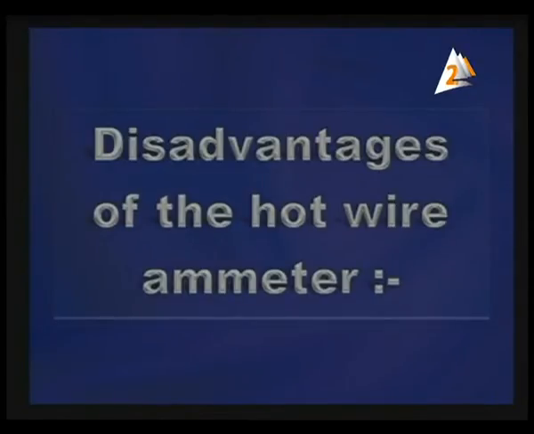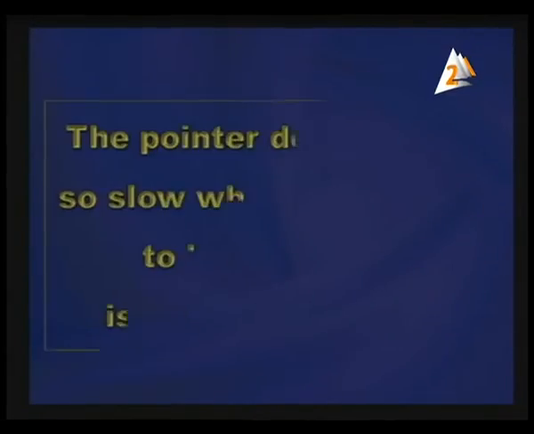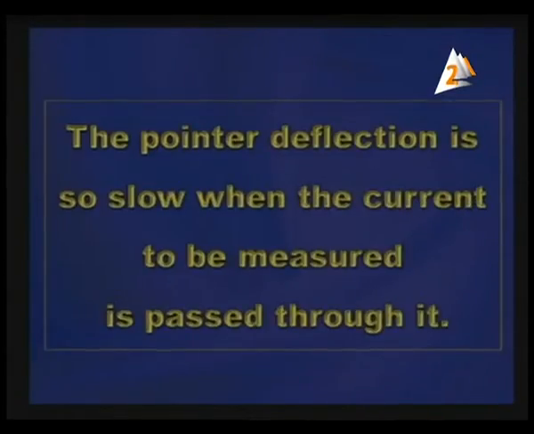And now talking about the disadvantages of the hot wire ammeter. First of all, the pointer deflection is so slow when the current to be measured is passed through the device.